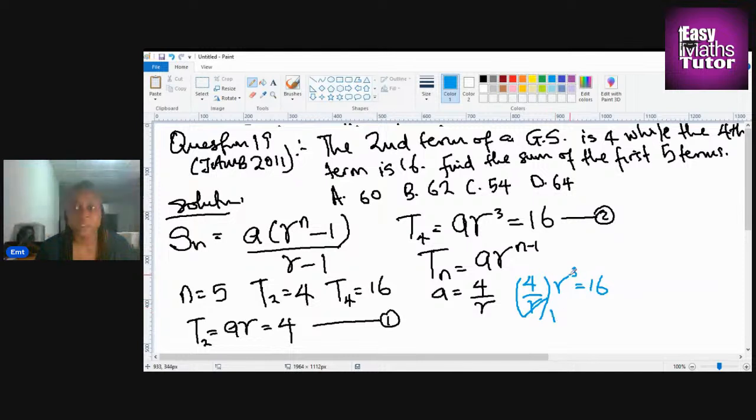This cancels here, remaining 2. The 4 cancels here 1, 4 cancels here 4. Because of time, we need to be fast. So r squared is equal to 4.